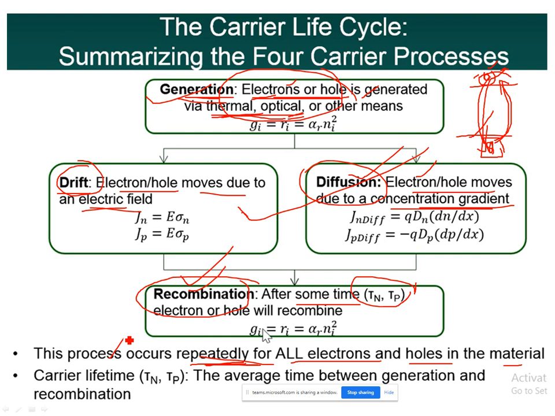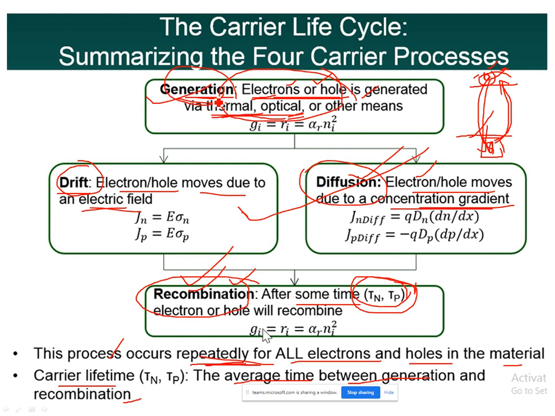This is one summary. And what did I say? Some 5 seconds or 10 seconds, right? That is called carrier lifetime. The carrier lifetime can be defined as the average time between generation and recombination. You can take an analogy: if there is generation, we can say that the electron has been given birth, and whenever there is recombination, the electron or hole has died. Just a simple analogy.